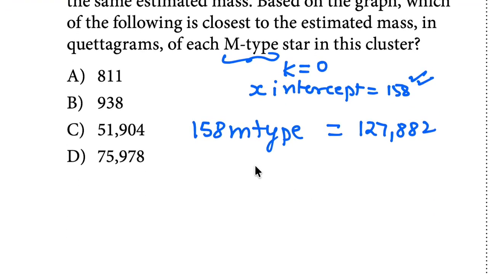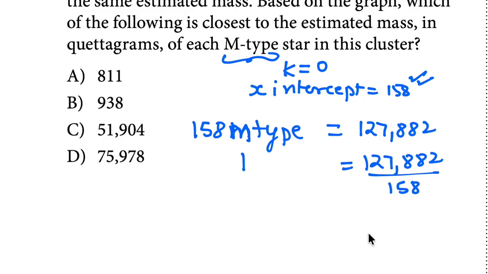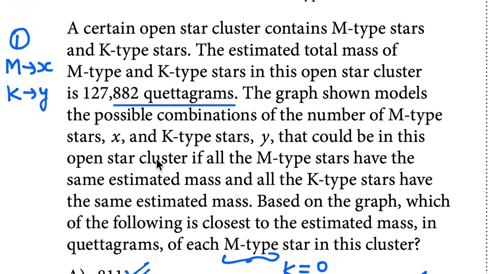So what will be the mass of one M-type star? We will divide it by 158, and it's approximately 811, right?